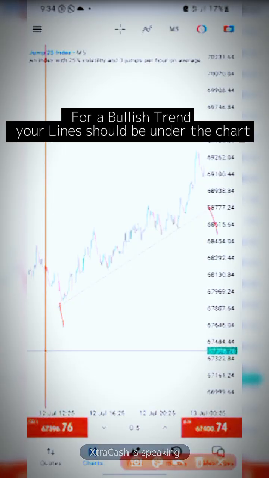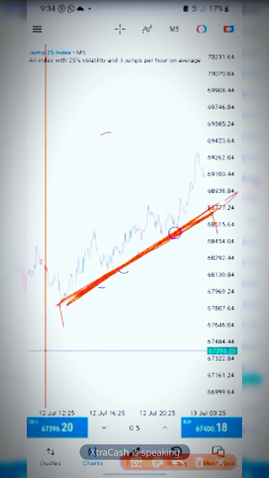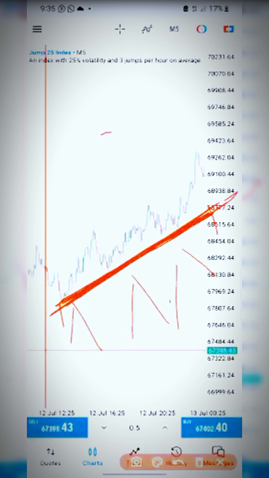For a bullish trend, your line should be under the charts, under the candlesticks. Don't make the mistake of putting your line towards the top, except you are drawing a channel. But for now, what we are trying to identify is just a trend line. So this is a bullish trend line.